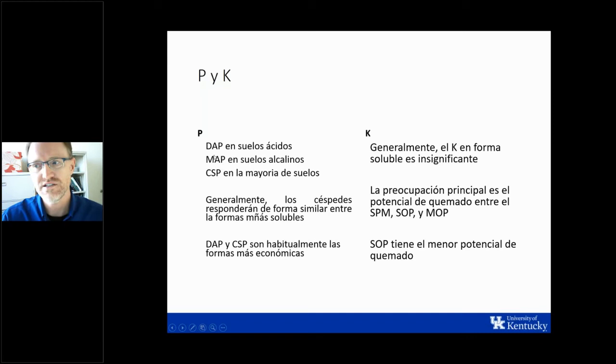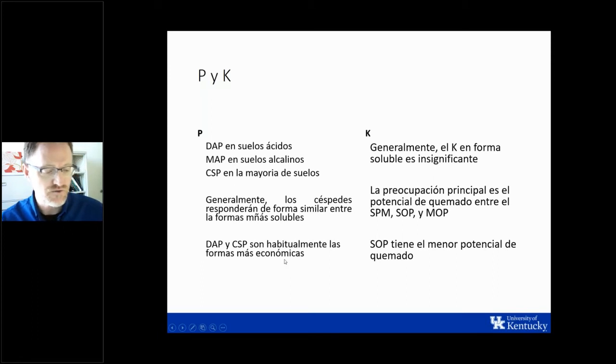And the reason for this is these have very different reactions with the pH of the soil and a potential volatilization of the ammonium and binding of the phosphorus with calcium. Generally, turf grass will respond similarly to most soluble P sources. DAP and CSP, which are diammonium phosphate and concentrated superphosphate, are normally the least expensive sources, okay?